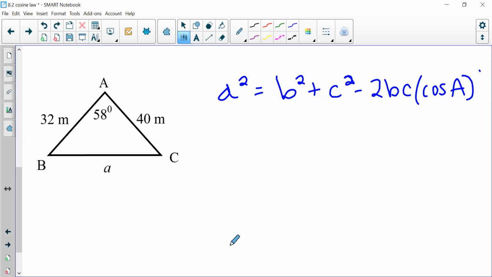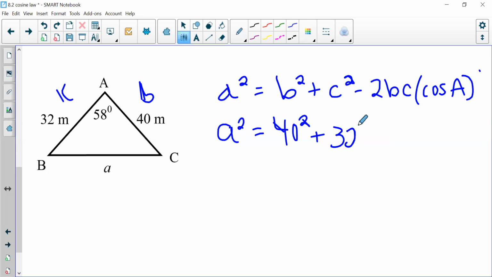Okay. What is side B's side length? 40. Perfect. So I'm going to put 40 in for B. 40 squared. What's C? 32. Very good. 32 squared. Repeat those numbers.